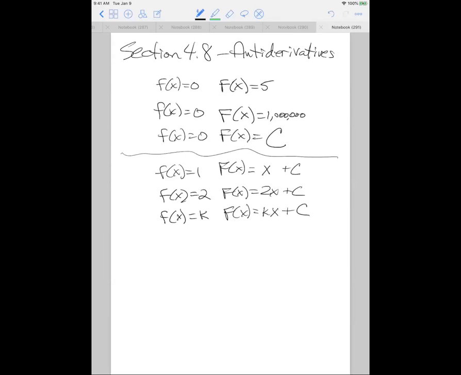So if I had the function 5x plus 7, what's the derivative of that? Well, the lowercase f of x is equal to 5.